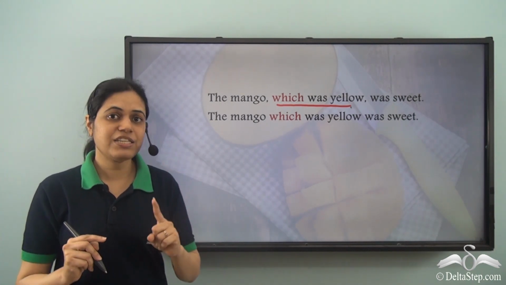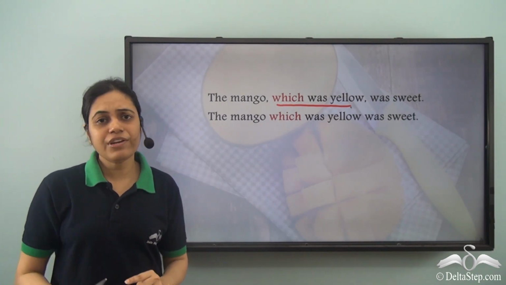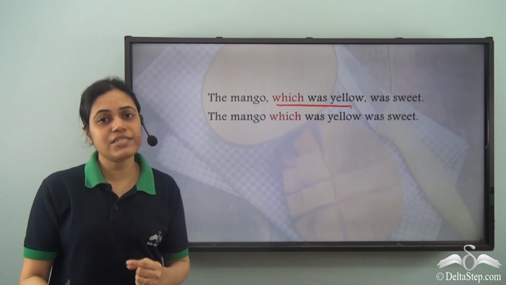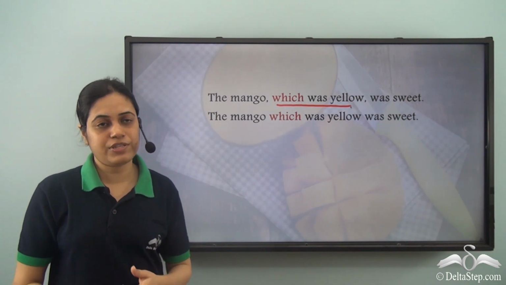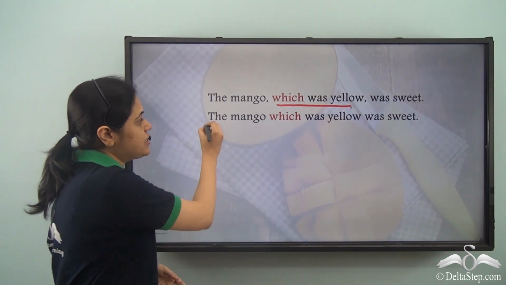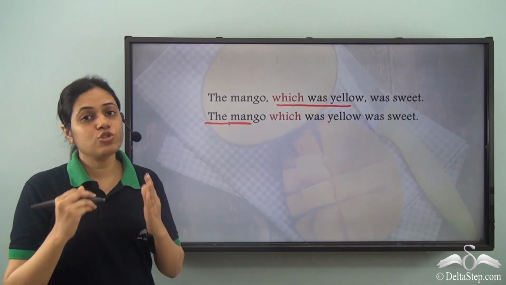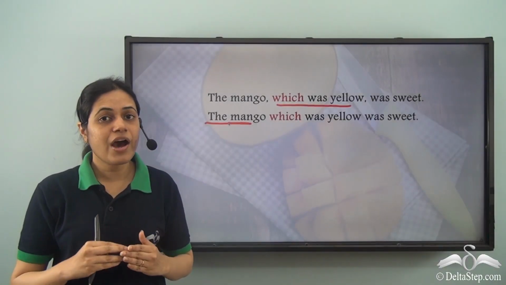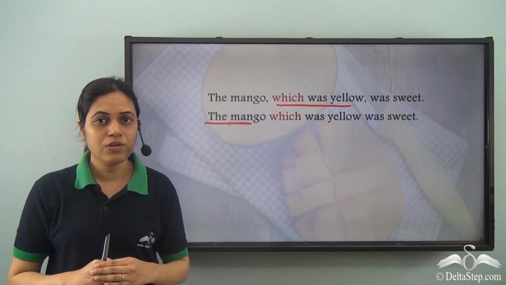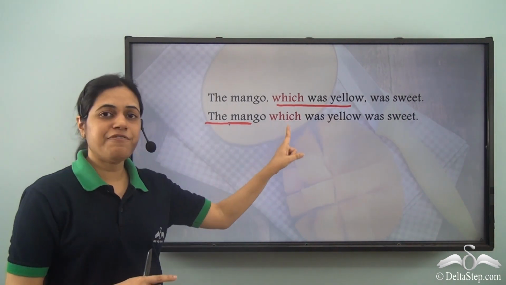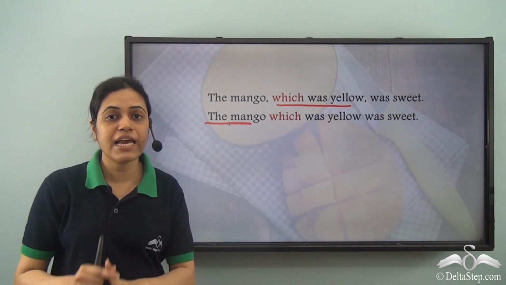Now since there is just one mango, even if we do not mention that it is yellow, it doesn't make a difference. But in this sentence, since there is no comma, it means that there is more than one mango, and we are referring to the mango which is yellow.